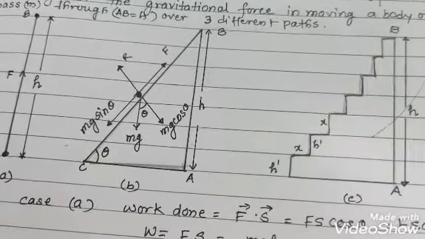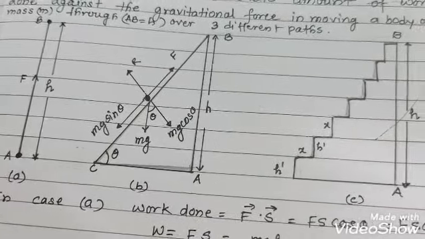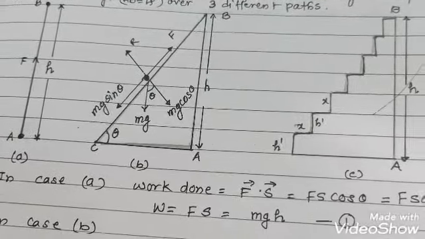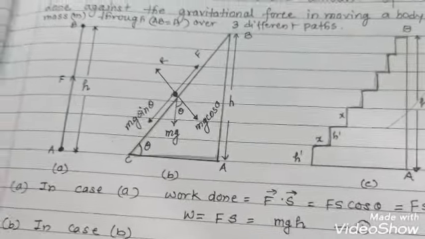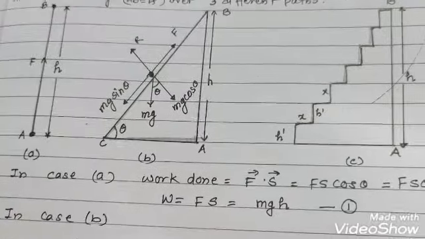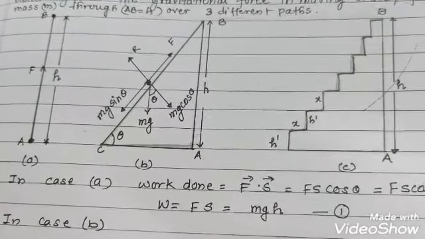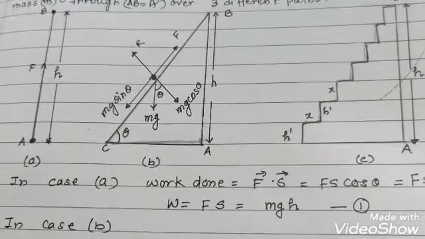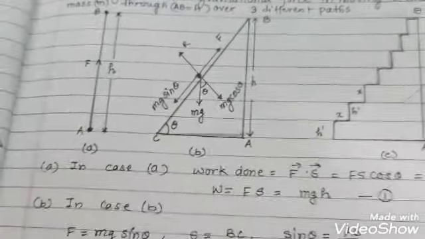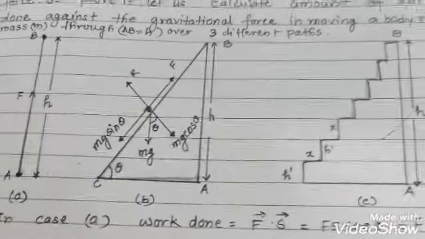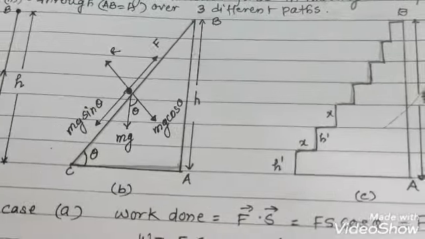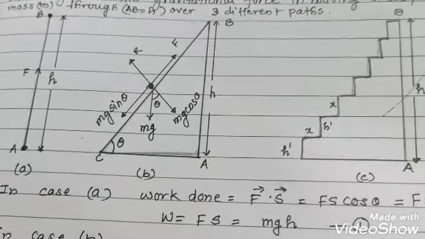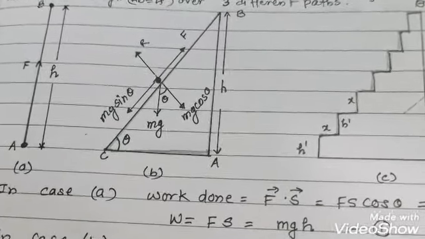Air resistance and tension are also non-conservative forces, because tension depends on the nature of the thread; we have already seen the ideal thread. And the normal force is also a non-conservative force, because the normal force also depends on the nature of the path.